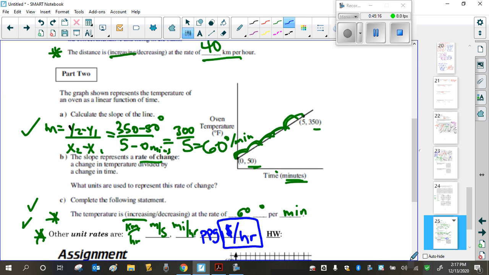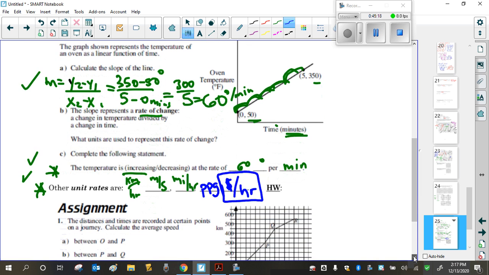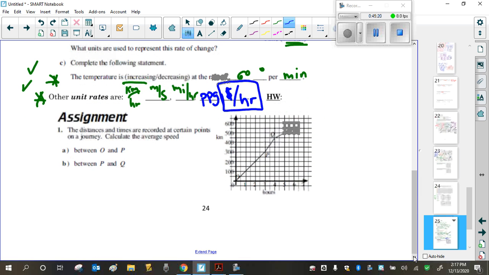Okay, what do we want to do now? We want to answer 1B. So you're going to need a point P and a point Q, and then find the slope. P's right here, Q's right here.